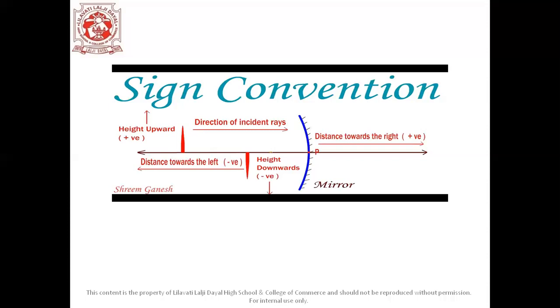The distance measured perpendicular to and below the principal axis is always taken as negative. And the last one, students, the focal length of a convex mirror is positive, while that of a concave mirror is always negative. So this is about the sign convention.